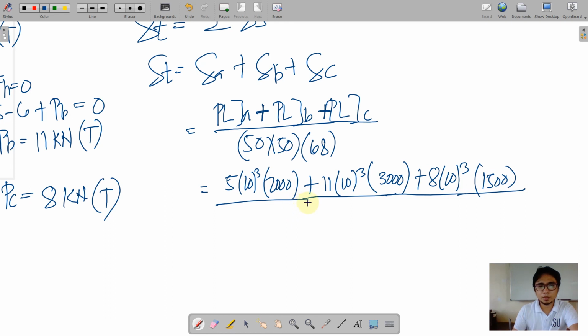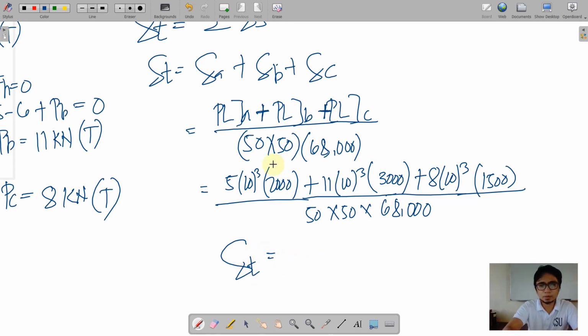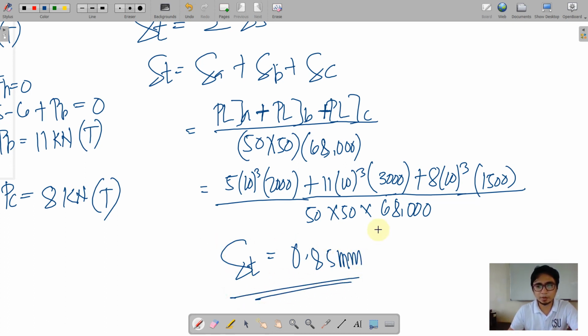Okay, all over 50 by 50 by, this should be 68,000. Okay, so finally we have the total elongation to be equal to 0.85 millimeters. So this is the total elongation for that bar. Okay, so please stand by for the next problem.